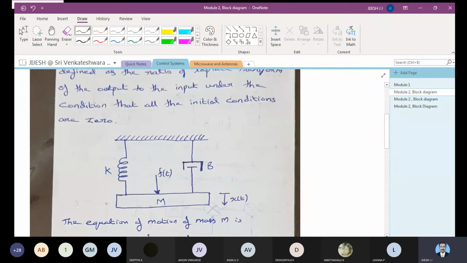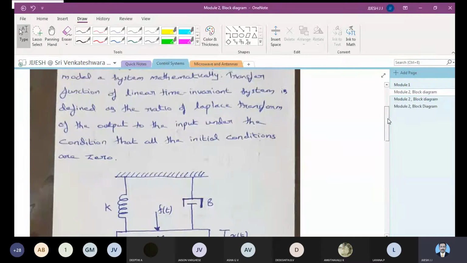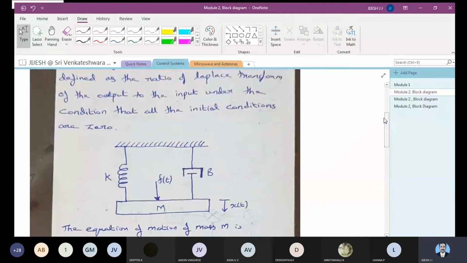So you can see that f of t, you have to write the equations for f of t. So write the equation for f of t as usual. The equation what you'll get for f of t.